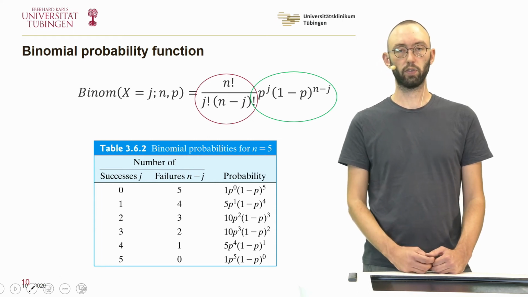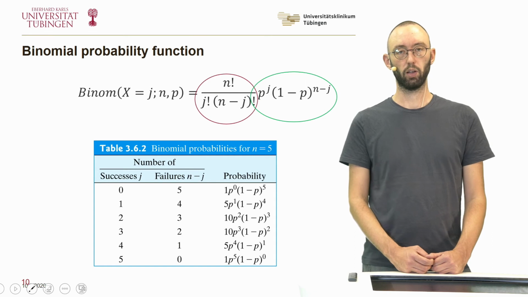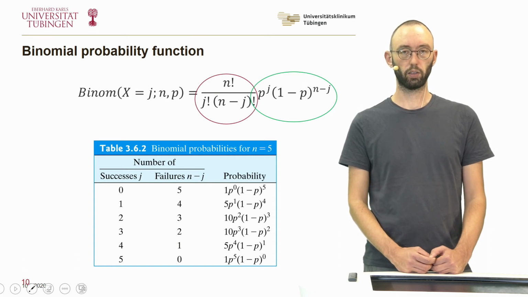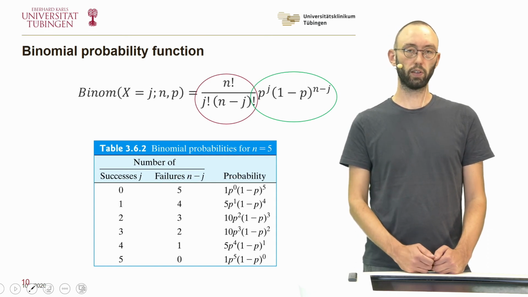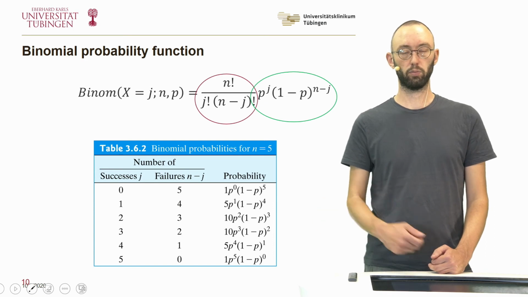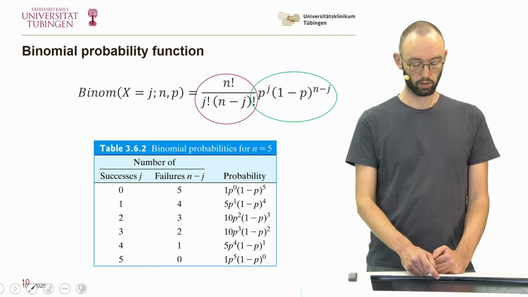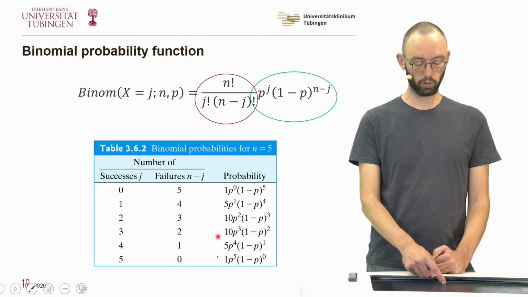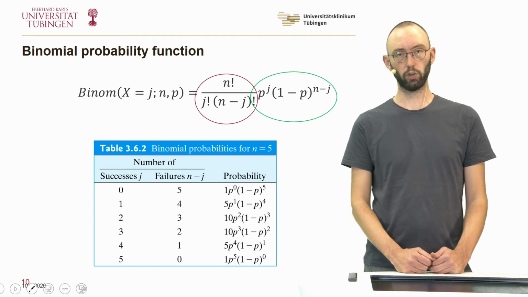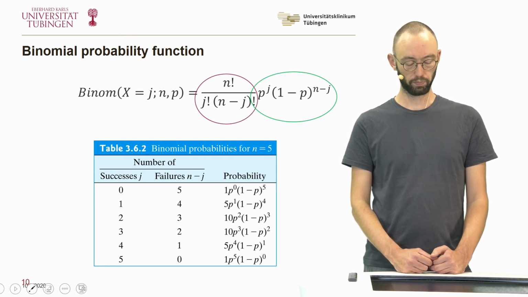Because this is still a fairly simple problem, we can also think about how this could be 5. It can be 5 because the success can occur at any of the 5 possible experiments that we did. The same is true if this is reversed. So for 4 successes and 1 failure, there's also 5 possible ways in which this can happen.